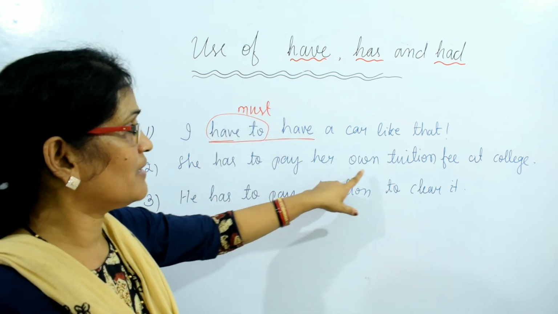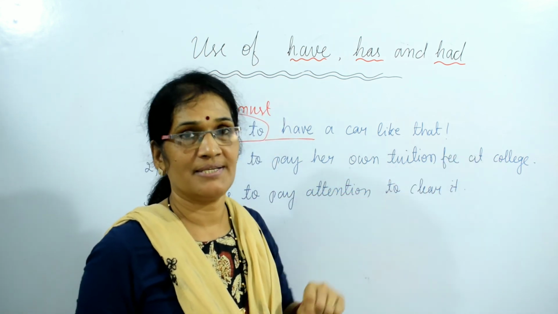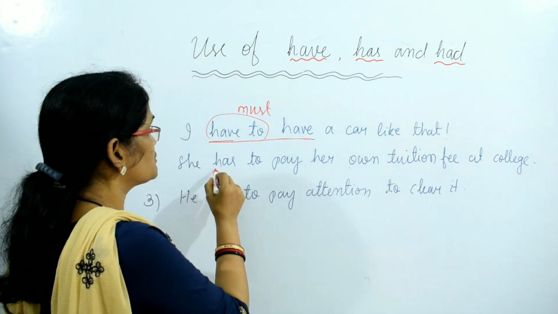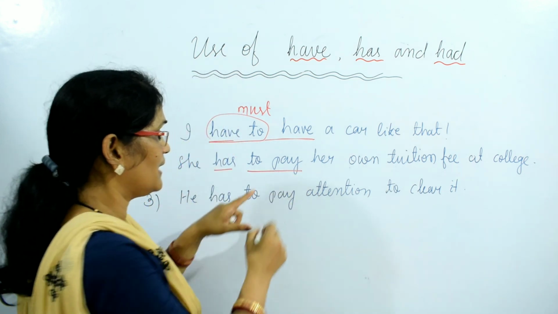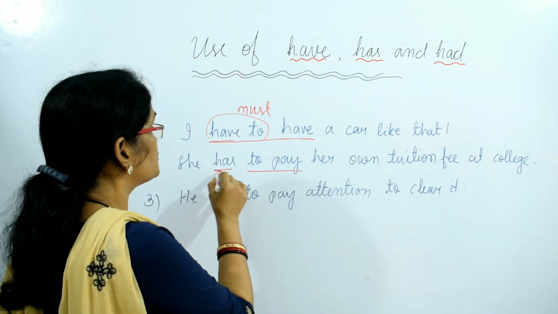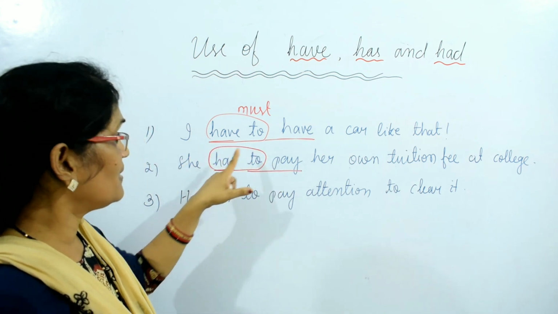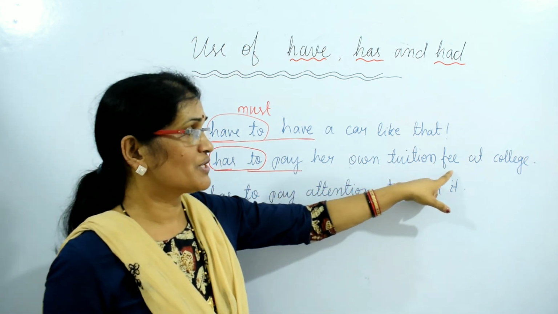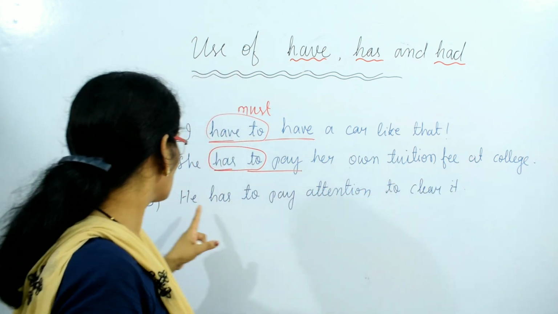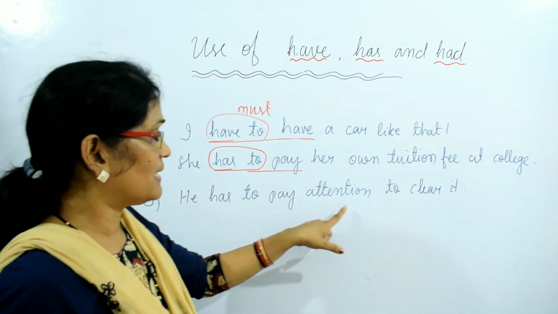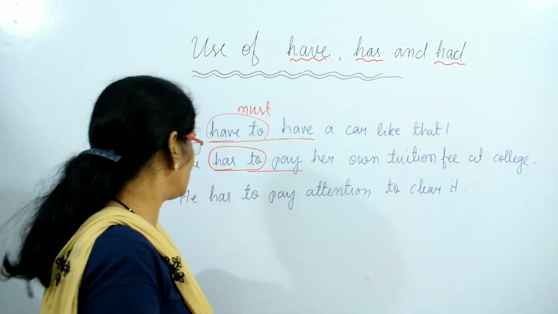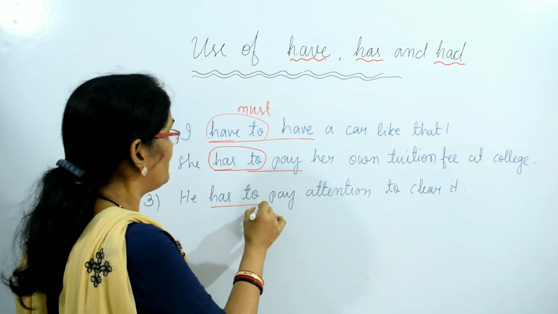She has to pay her own tuition fee at college. Here, has to pay is an infinitive, and has to means she must pay her own tuition fee at college. He has to pay attention to clear it. Here has to means must.